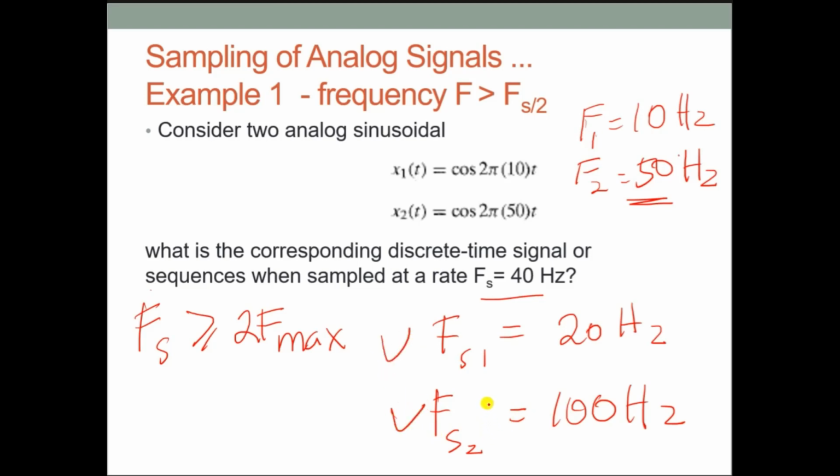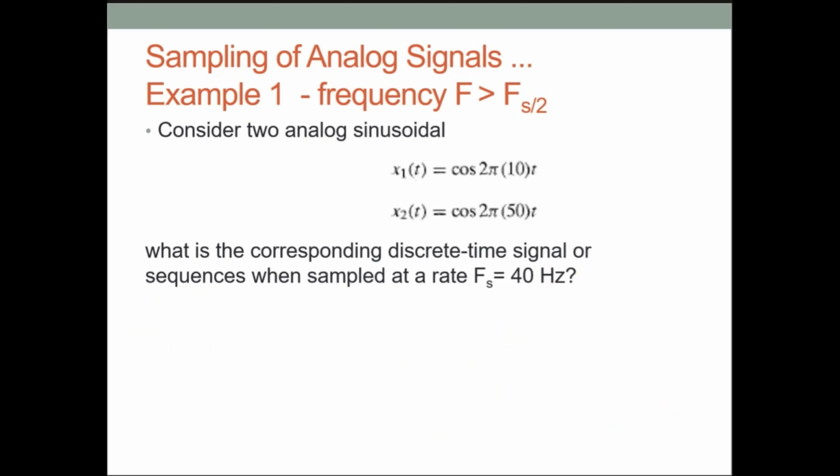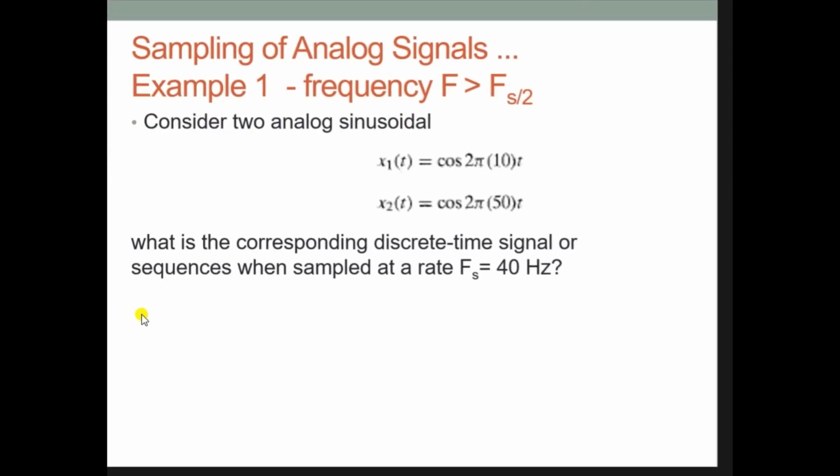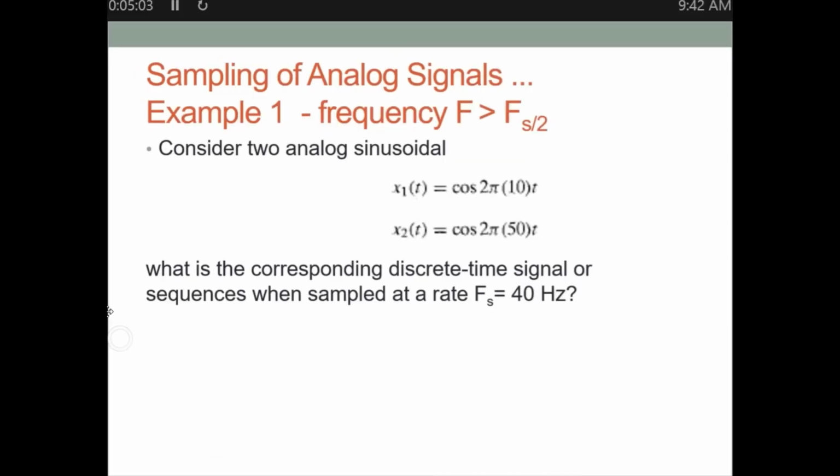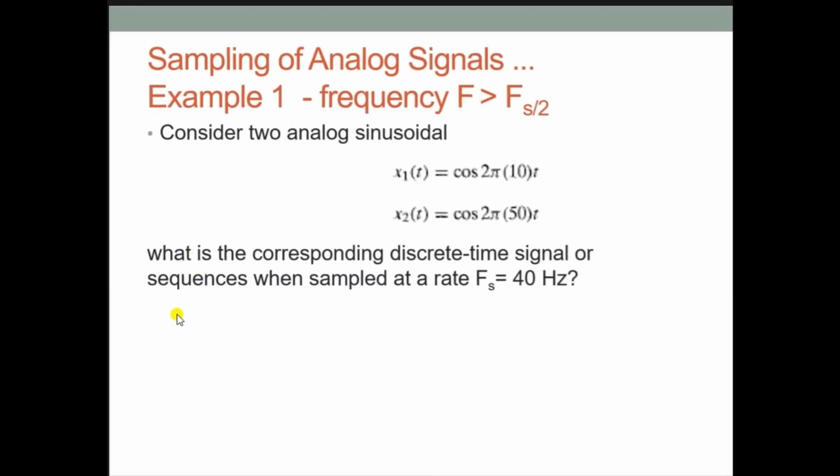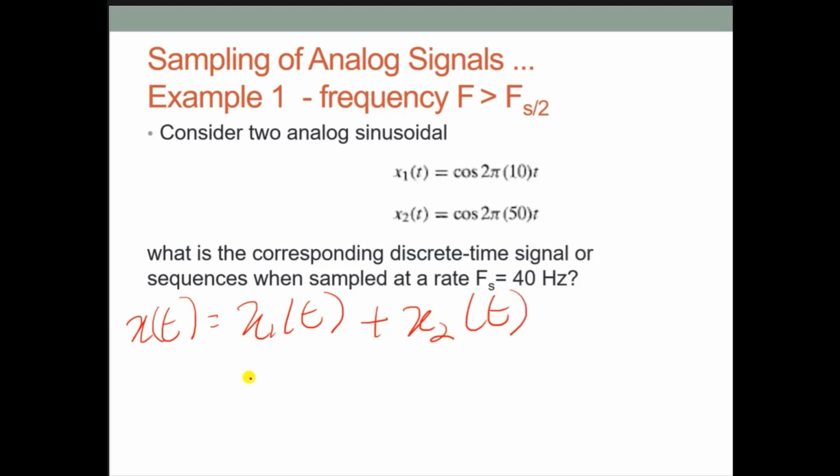Now, as I mentioned before, let's say you have x(t) equals x1(t) plus x2(t). So you have this combination of signals.